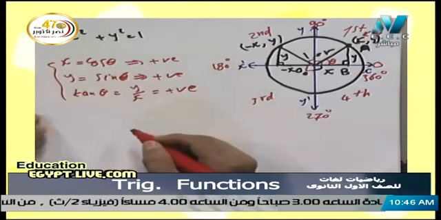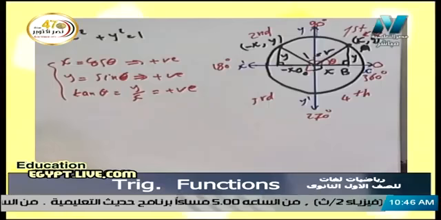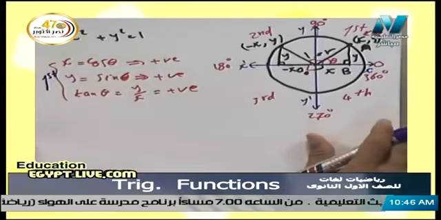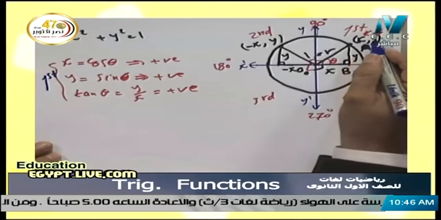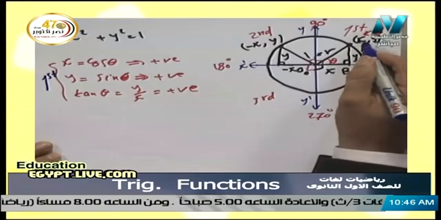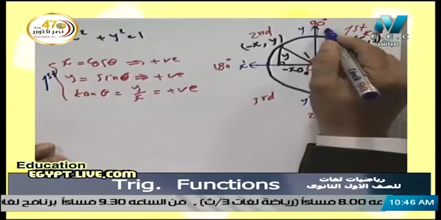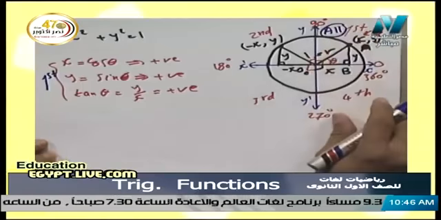So all trig functions in the first quadrant are positive, because cosine is positive, sine is positive, and tan, which is y over x, is positive also.